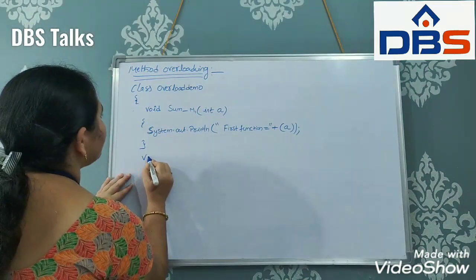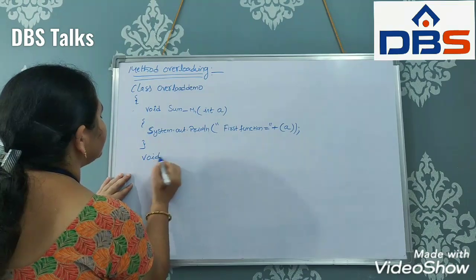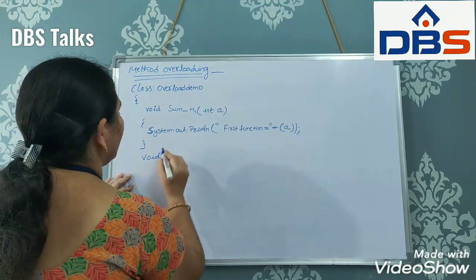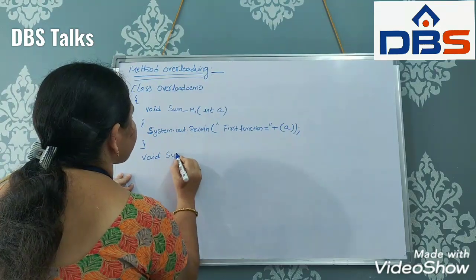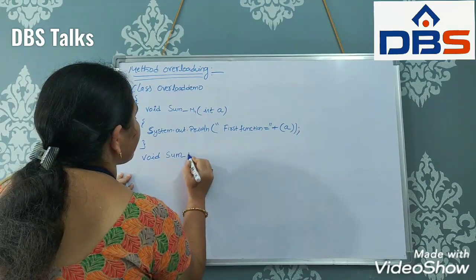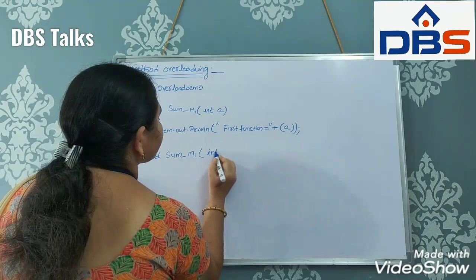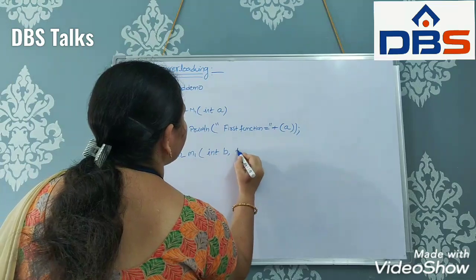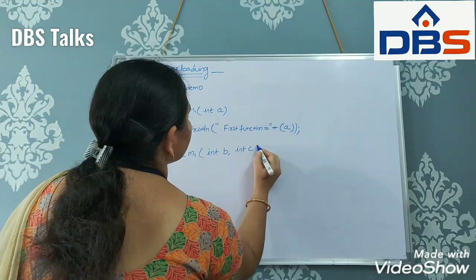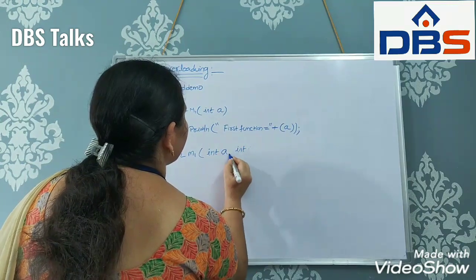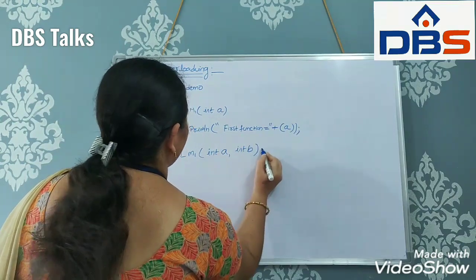Next, with the same name and same return type, but different parameters. Int a comma int b.